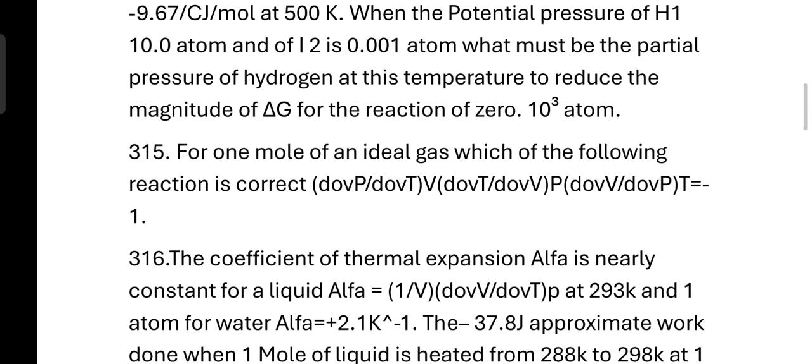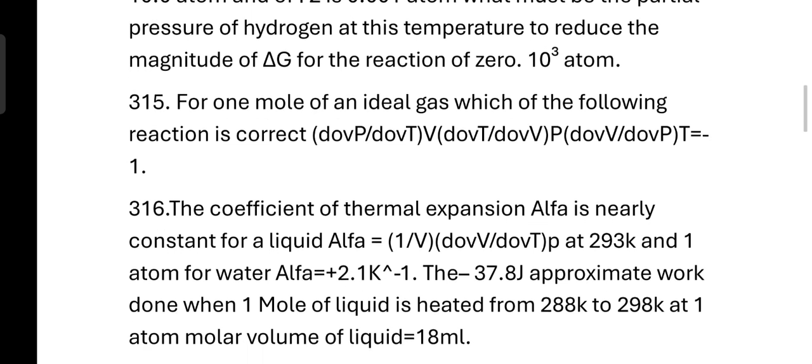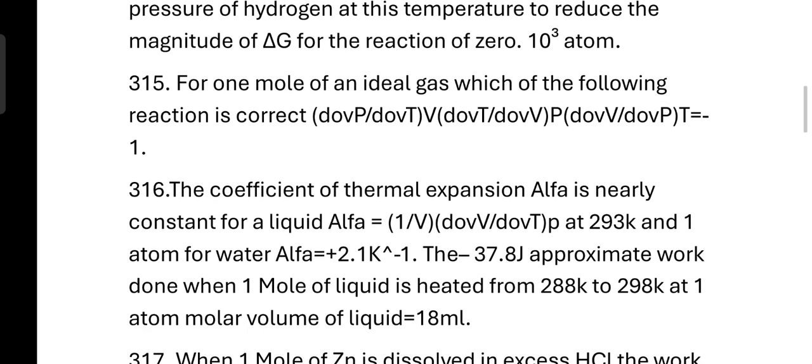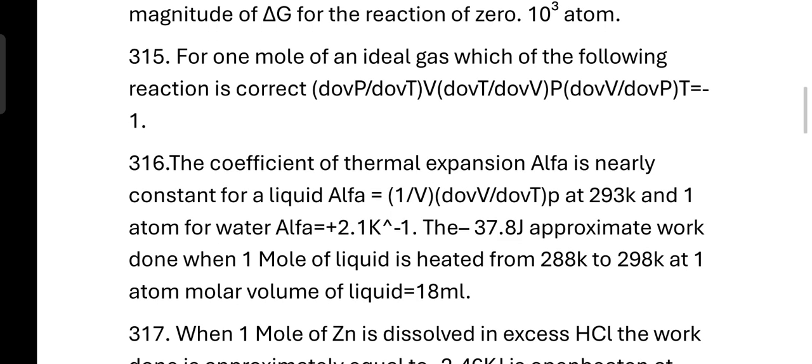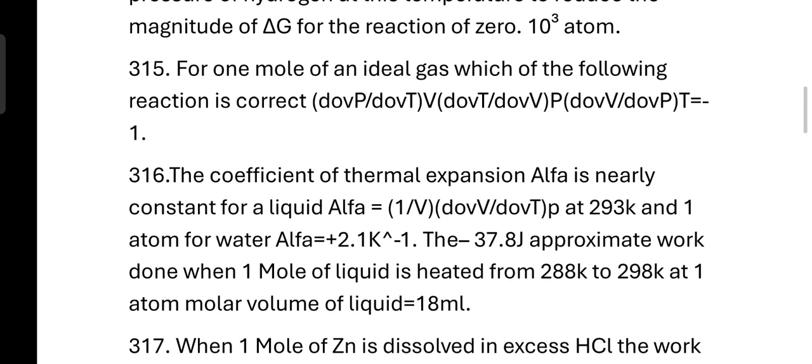What must be the partial pressure of hydrogen at this temperature to reduce the magnitude of delta G for the reaction to 10 to the power of 3 atm?